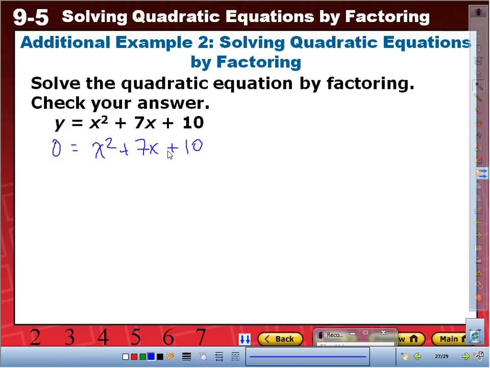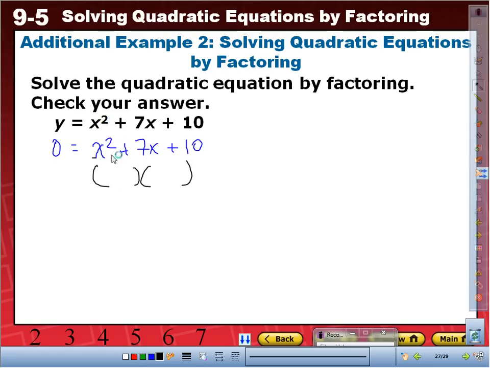Right now I'm not quite there. I just want to make sure that you guys see the connection. Here we go. So we substitute y for 0, okay? Step 2, what do we do? Factor. First, we're going to check for GCF. Do we have any GCF? No. So then we open 2 parentheses.